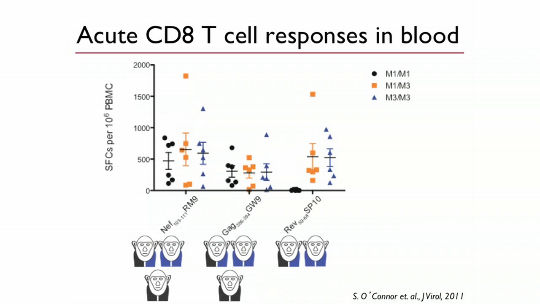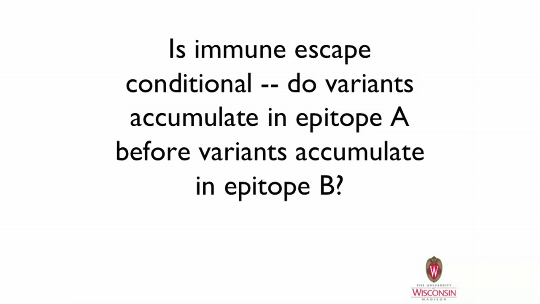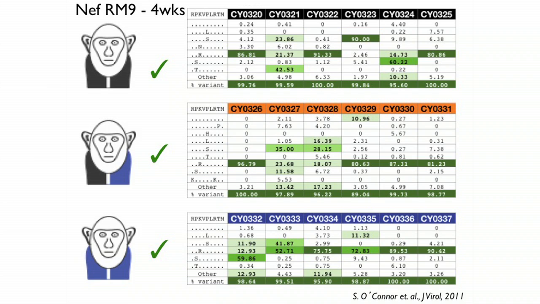And we've been able to verify this data with tetramer assays as well. So we then, again, wanted to ask if variants would accumulate in epitope A before they accumulated in epitope B. And this is data we've collected by using Roche 454 pyrosequencing of SIV viruses at 4 weeks after these animals were infected. So we're looking at acute variation in these 3 different epitopes.